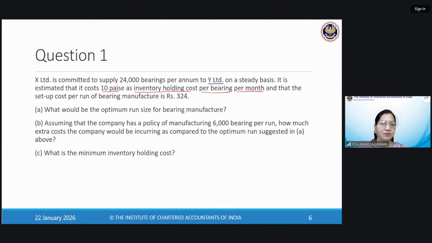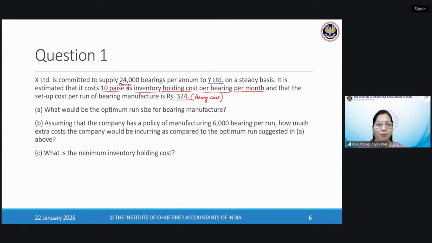And the setup cost per run of bearing manufacture is 324. So this is like your placing cost. Every time you set up or place an order, placing costs are 324 per order or per run. And storage cost is 10 paisa per bearing per month.